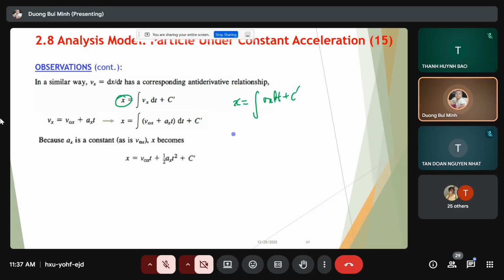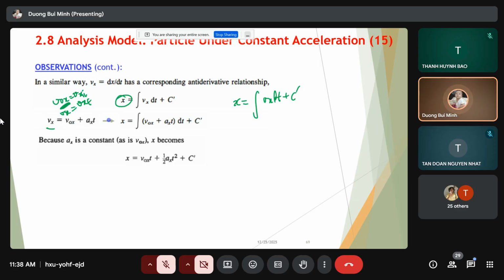Look, we have vx is vox or vxi, the same, because different textbooks use different notation. Some textbooks use vxi, some use vox, meaning initial. Sometimes they use vxf, and for this textbook they use vx. That is the reason when I make the lecture, I introduce to you some different textbooks.